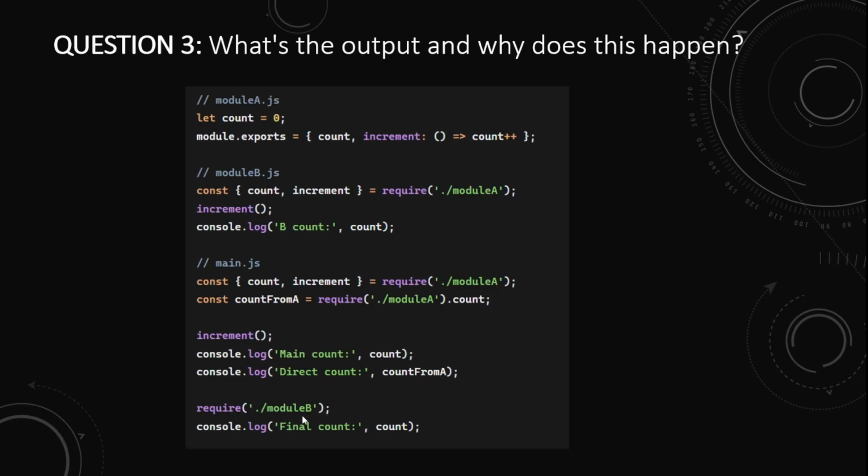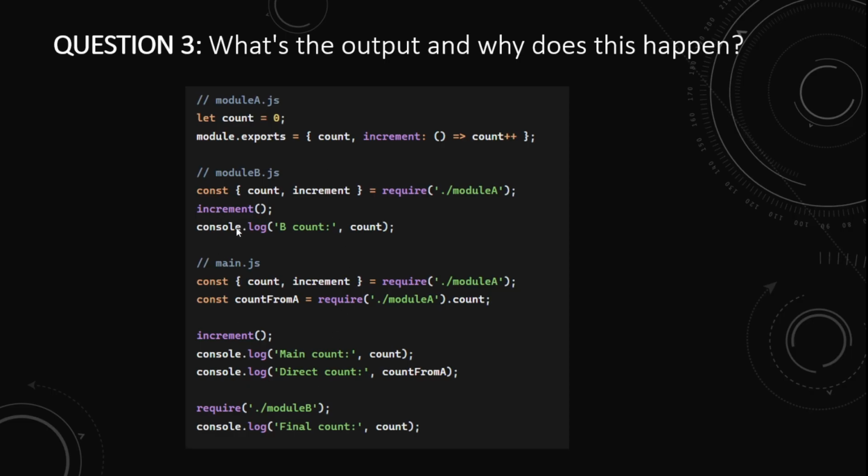And now module B is required here. In module B, count and increment are imported from module A. At this point of execution, module A has the count value equal to 1.